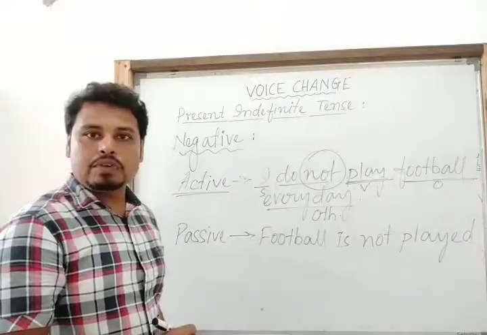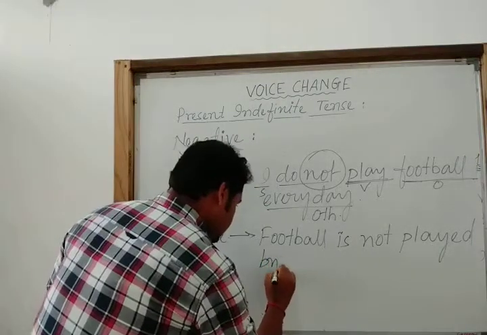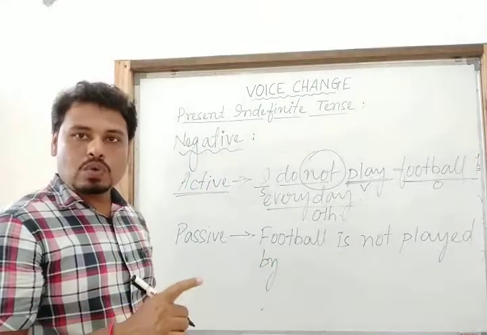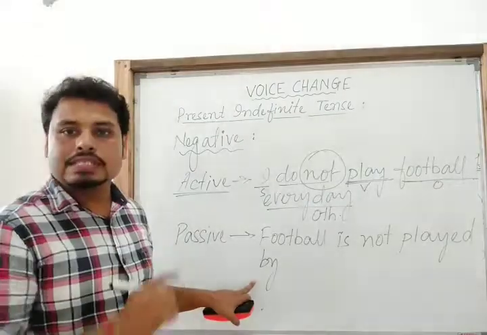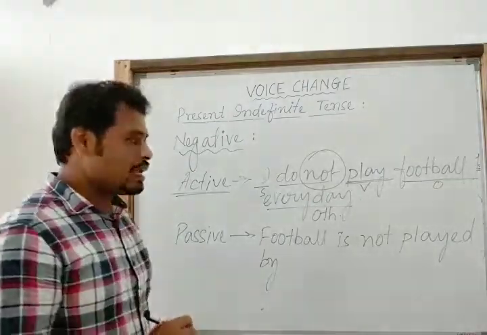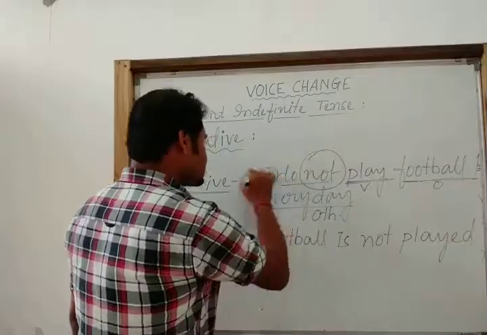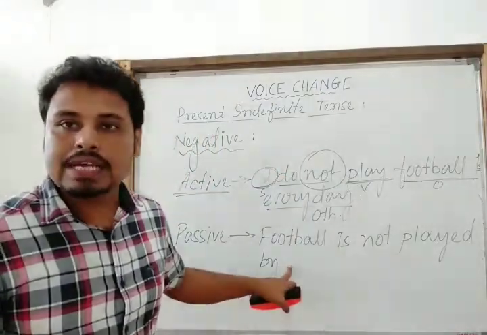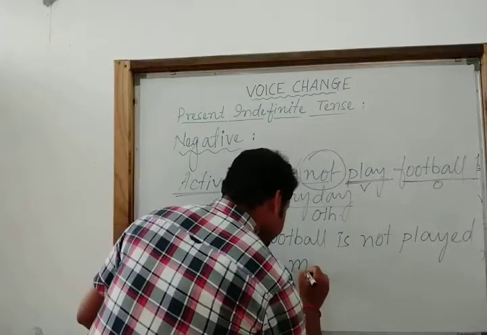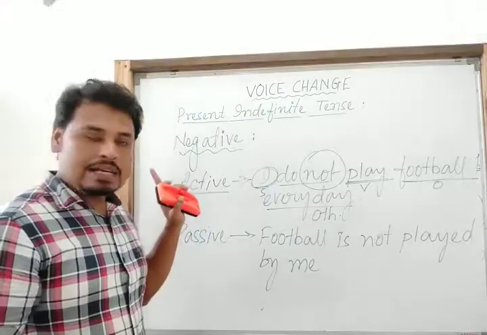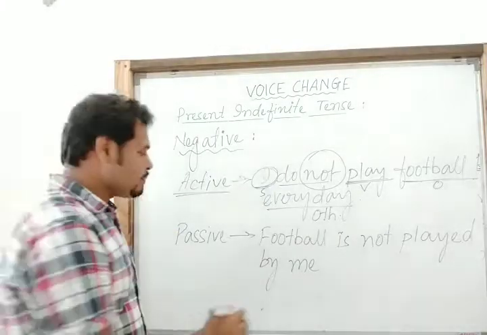After that we have to use by. This we have seen in the general rules in our previous classes. So after that we have to use generally a by. After that this subject would be termed as object here. Now this I would change to me. Why? We have earlier seen the change of pronoun table.